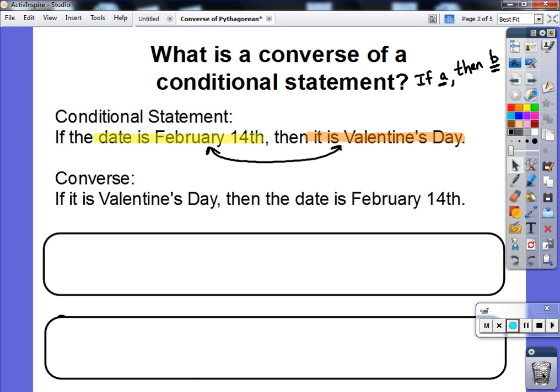So my converse of that statement is just going to be if it is Valentine's Day, then the date is February 14th. So notice that that first statement went from the stuff highlighted in yellow to the stuff highlighted in orange. My converse just flips that around and goes from orange to yellow.